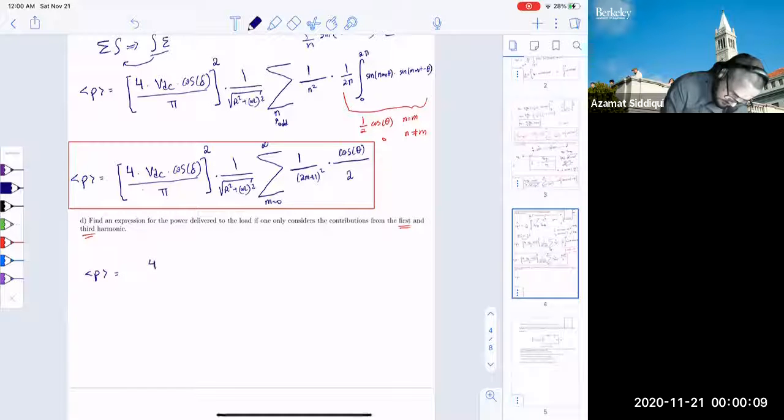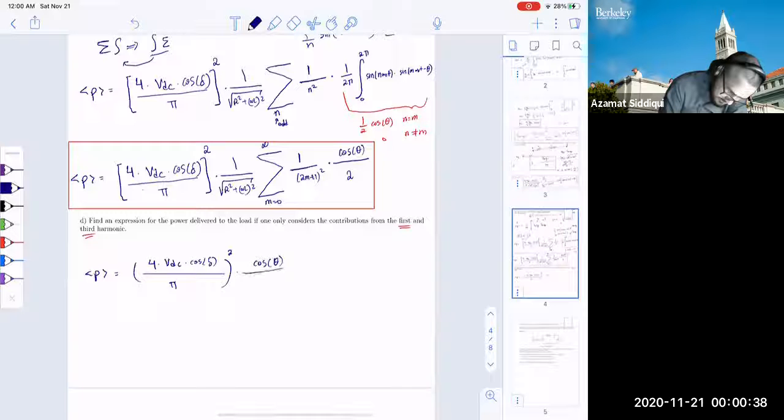So for VDC times cosine of delta divided by pi, whole thing squared, times cosine of theta divided by 2 times the square root of r squared plus omega l squared.